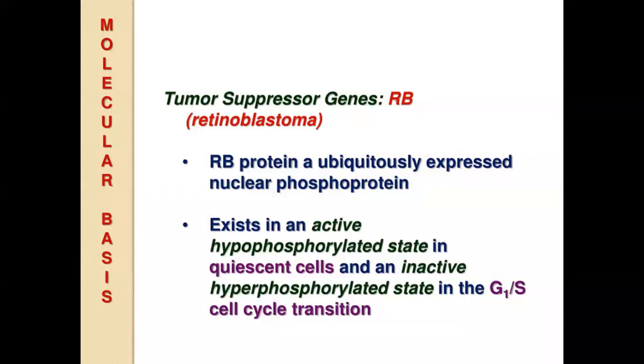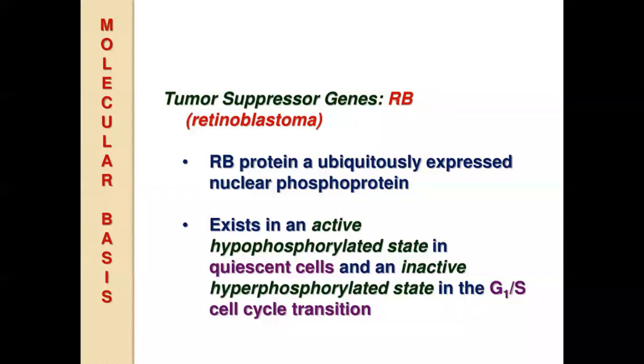If it doesn't work or is mutated, there is a removal of brakes for growth proliferation, and abnormal proliferation occurs unchecked. So the point of action of the anti-oncogene is also the G1 to S phase transition.